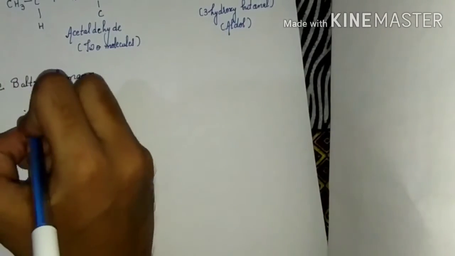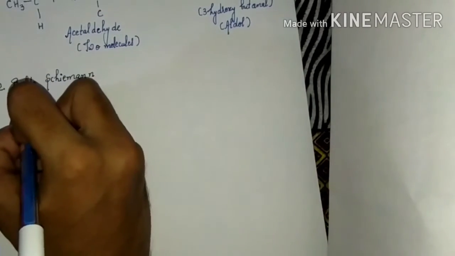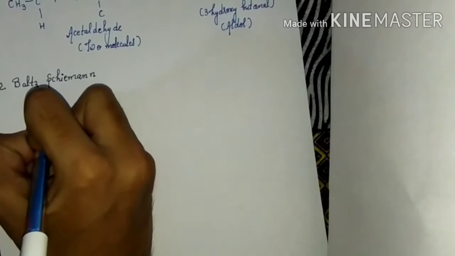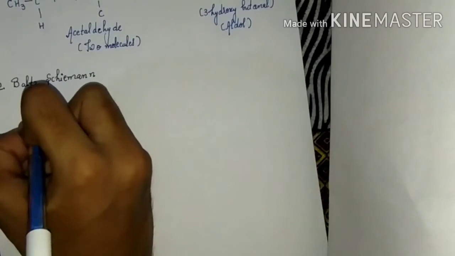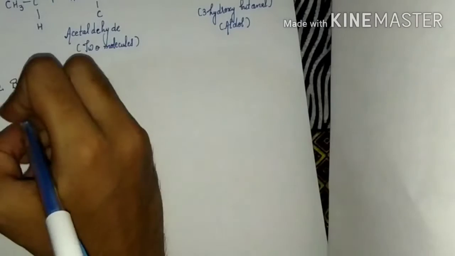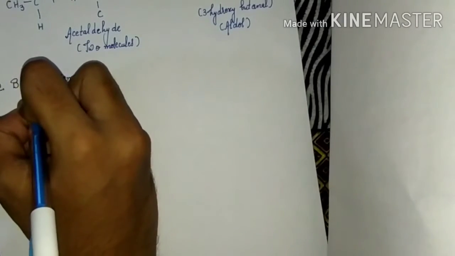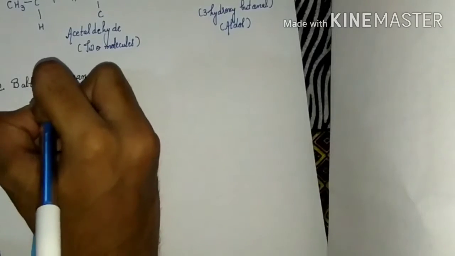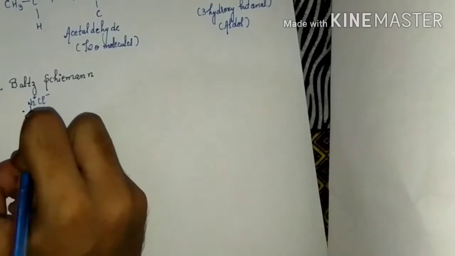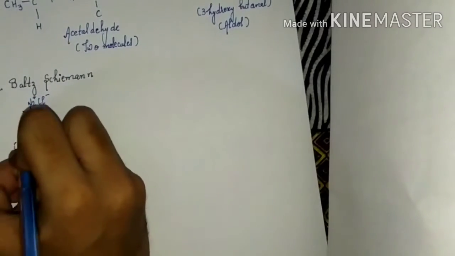So this is benzene diazonium chloride. How do we make benzene? This is the benzene ring in which the electrons resonate. Yes, this is benzene and this is benzene diazonium chloride.